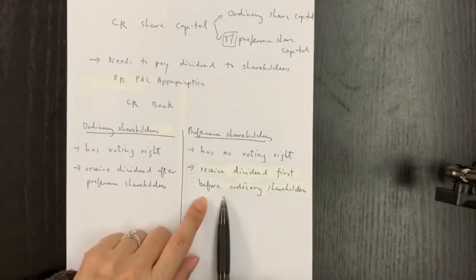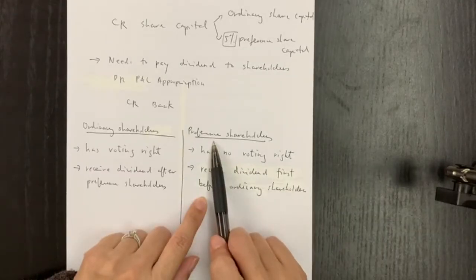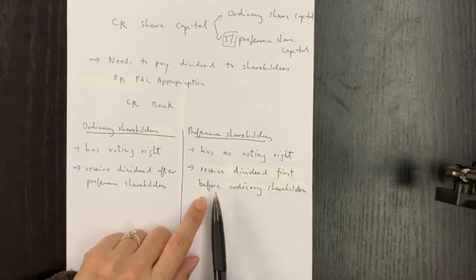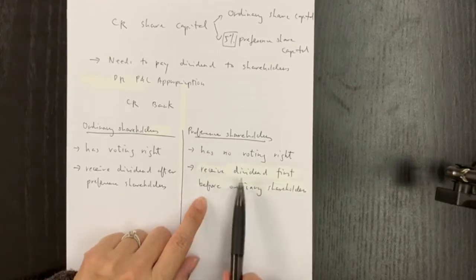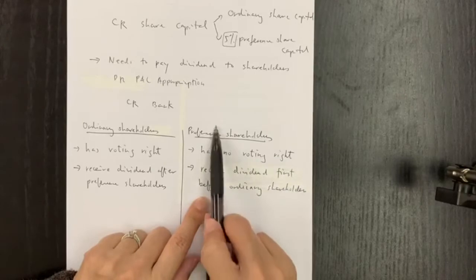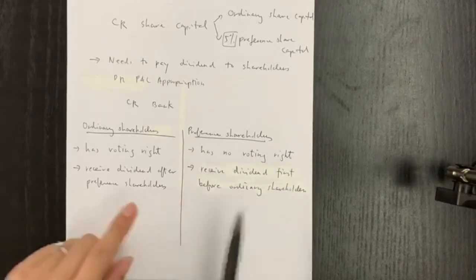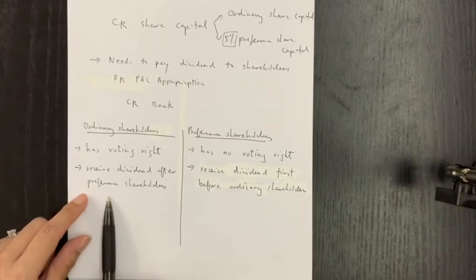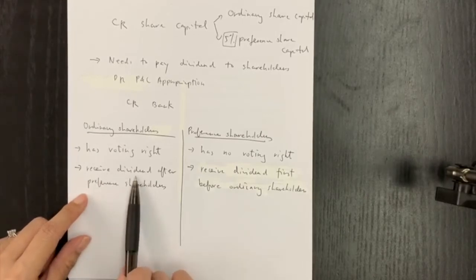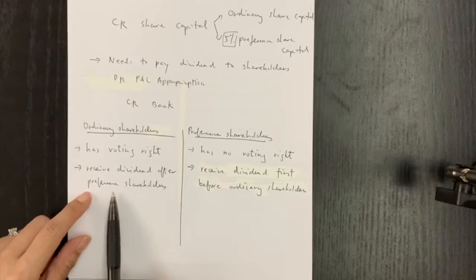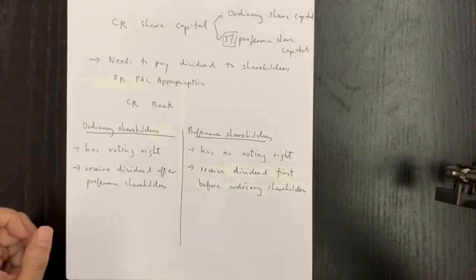Okay, so the next difference between preference share capital and ordinary share capital. Preference means we receive dividend first, before the ordinary shareholders. So ordinary shareholders will receive dividend later than preference shareholders.